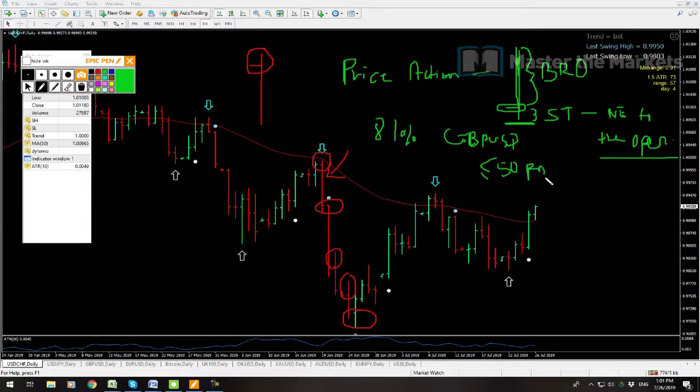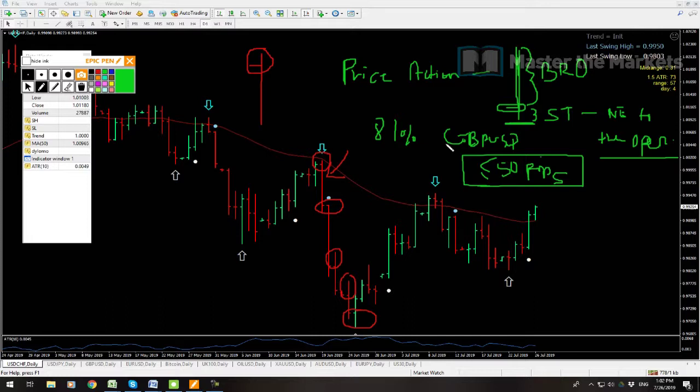This is in the currency world, but of course the indicator that we have used, you can cross apply to anything: commodities, indices, S&P, Dow, anything you want. So 81% of this particular currency does less than or equal to 50 pips.